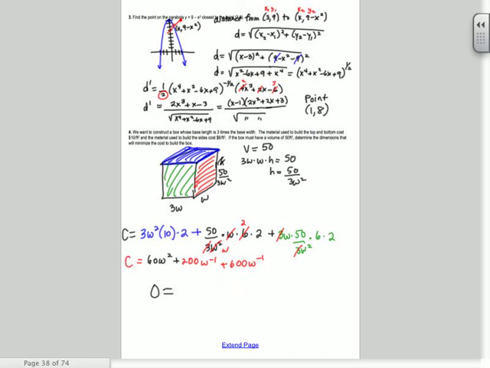Okay, so derivative. So I get 120W minus, so I'm going to combine these, so it's really plus 800 times W to the negative 1, so minus 800W to the negative 2. So now find when it's equal to 0.